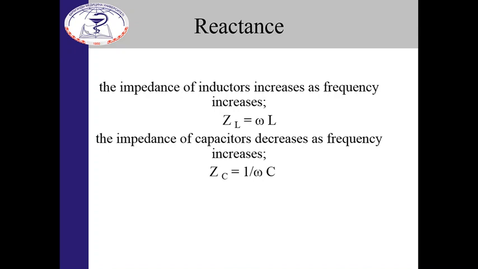What does it mean? Those two elements will behave in a different way in alternating current circuits and in direct current circuits. In a DC circuit, a coil or inductor will act as just a wire, just a conductor, nothing special. So the zero frequency of direct current will lead to zero reactance.